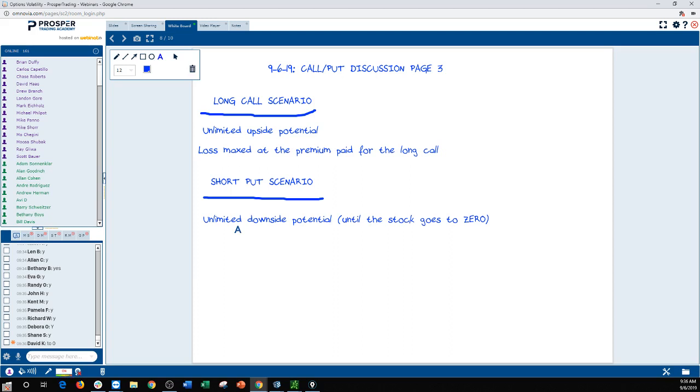I'm capped out at that loss once the stock hits 0. And my upside, my profit, is maxed at the premium collected for the short put.